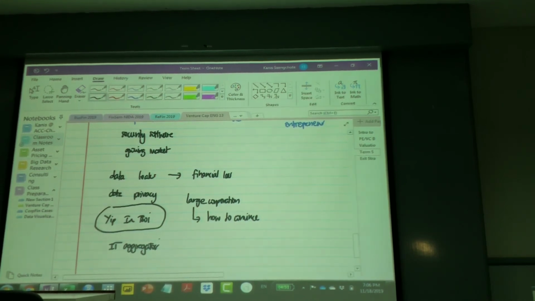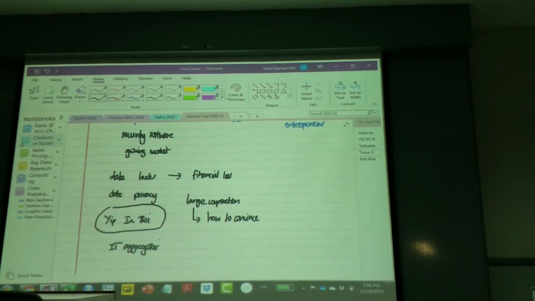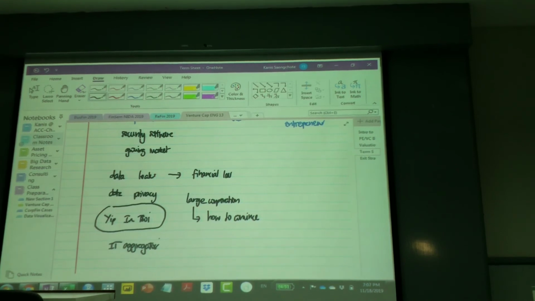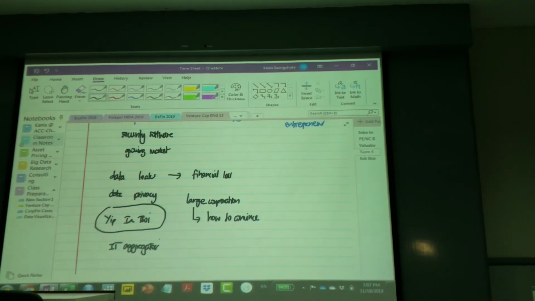So as a software developer like Optita, who's my real customer? Do we go and sell to those enterprises, or do we go and sell to those IT aggregators? I'm not sure, right? The case doesn't give you enough information. But here, what you learn in marketing, like the customer journey, the buying process, or the influencers, or the gatekeepers, become very important, especially when you have a B2B service like this.